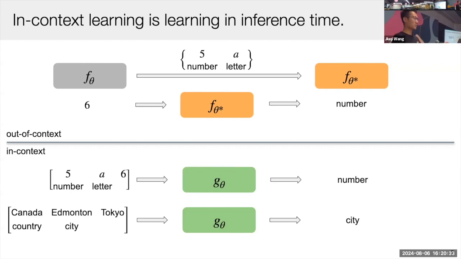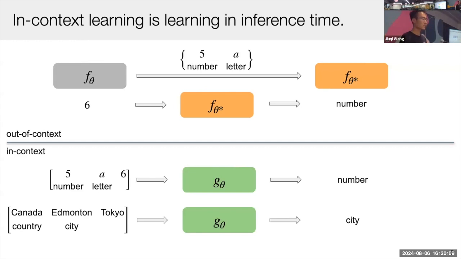Once you train this model with this data set, it's actually problem specific, trained dedicated to this problem. In contrast, we have in-context learning. You have a model called g theta, and in the inputs, you're not only inputting the query you want an answer to, but also some context.